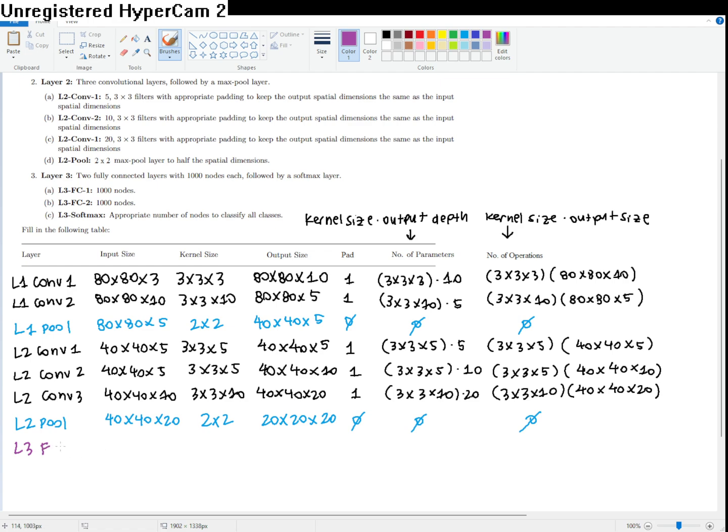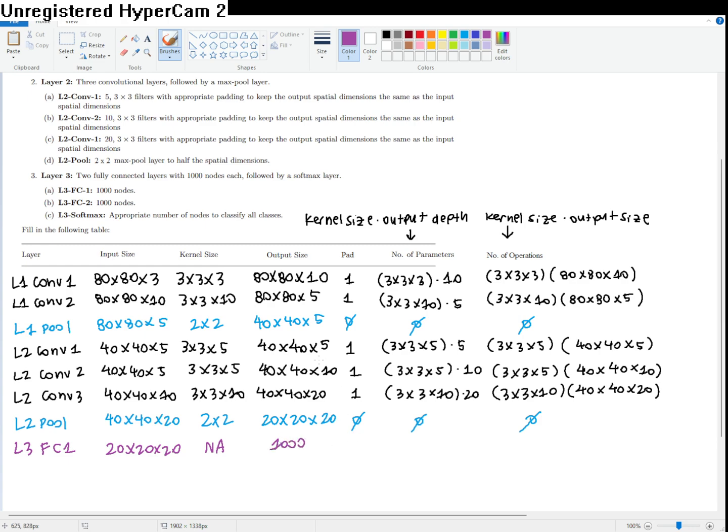Okay, so the input size, as always, is the same as the output of the previous layer. There is going to be no kernel size here. Instead, let's read. So we have 1,000 nodes each. So the output will be 1,000.